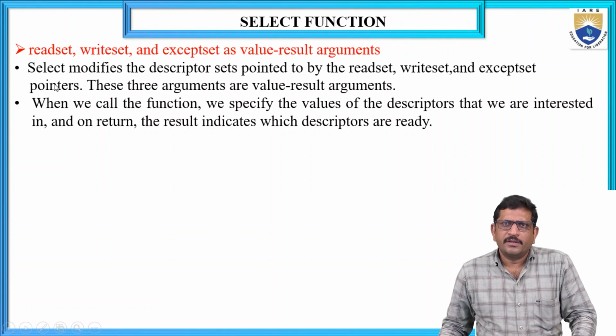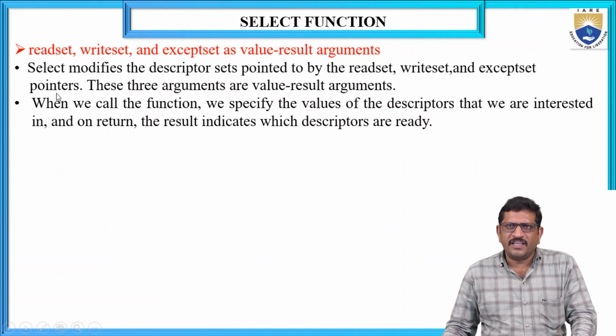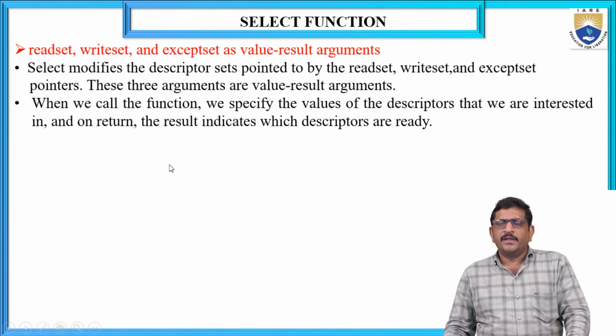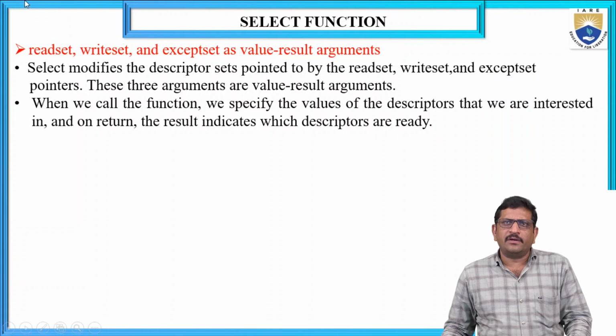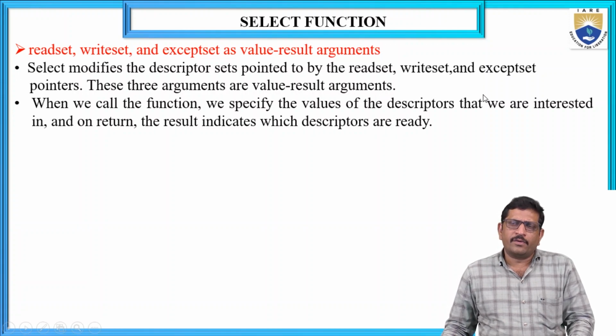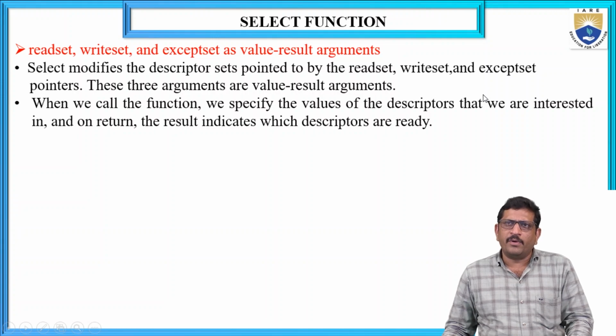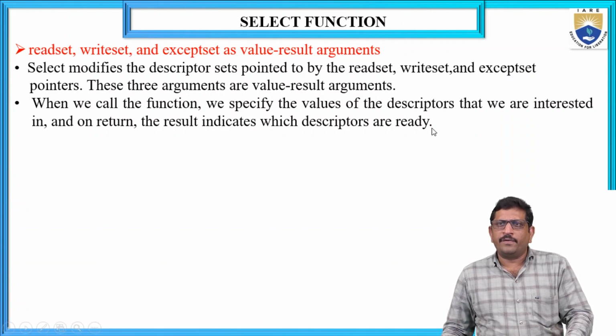We see select modifies the descriptor sets pointed to by the read set argument, write set argument and accept set pointers. These three arguments are value-result arguments. Value-result argument means the reading and writing operation is performed or not. So what is the result of reading?